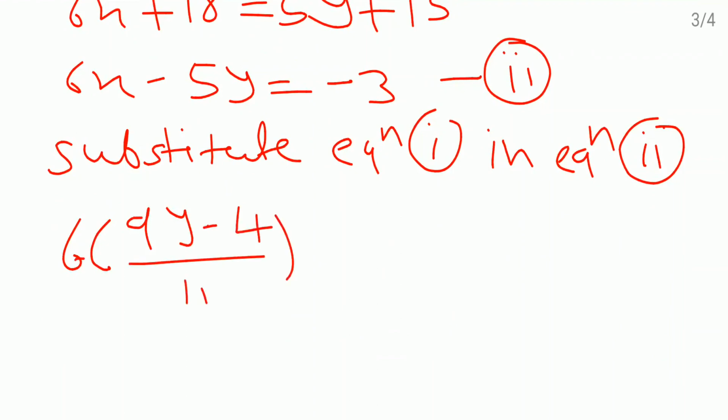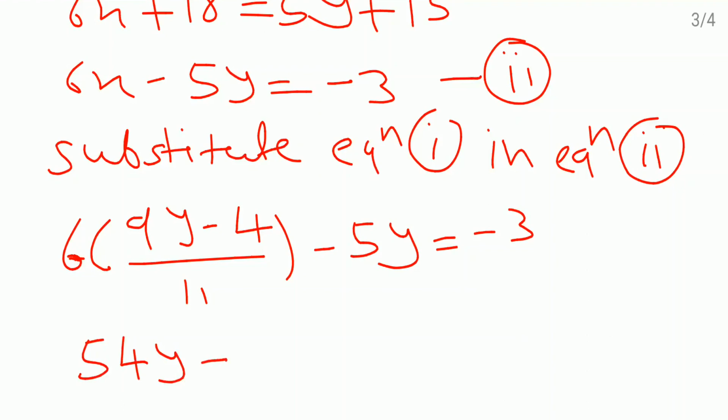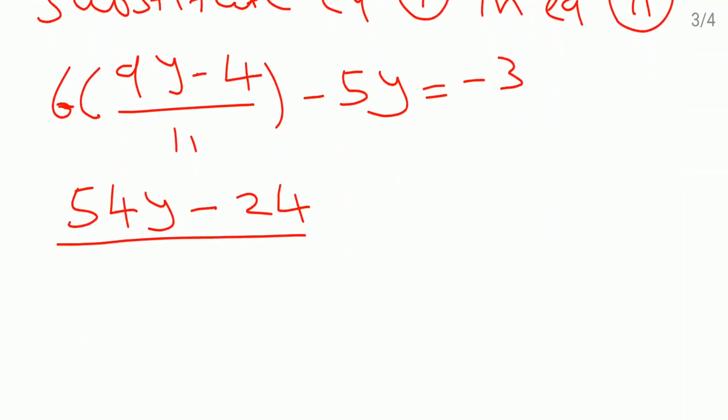Complete the bracket. Minus 5y, which is equal to minus 3. I'll multiply this bracket with 6. So 6 nines are 54y minus 24 divided by 11, minus 5y by 1, which is equal to minus 3. Now I will do the LCM.